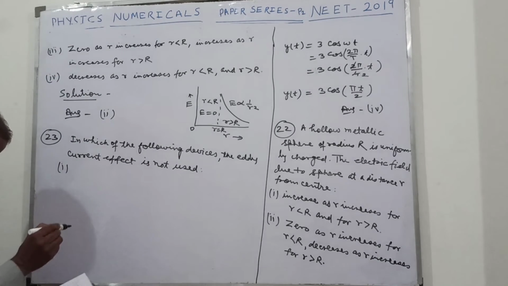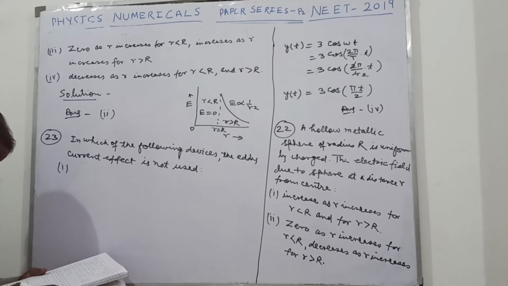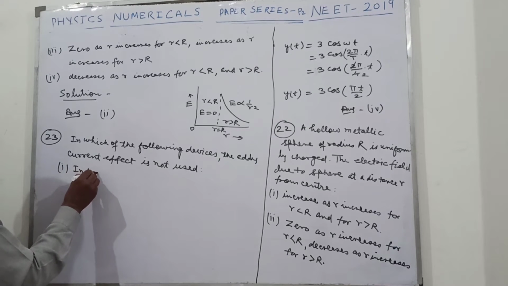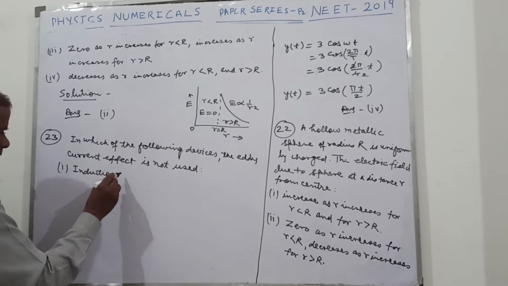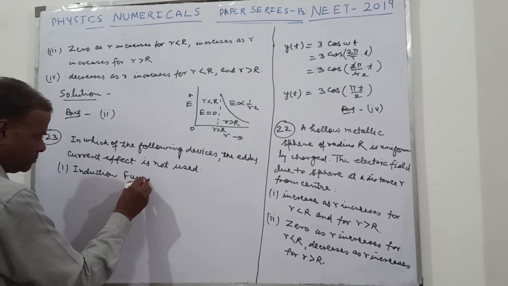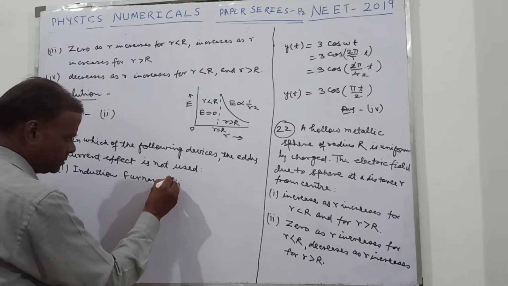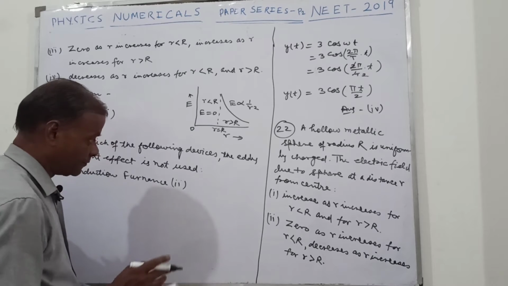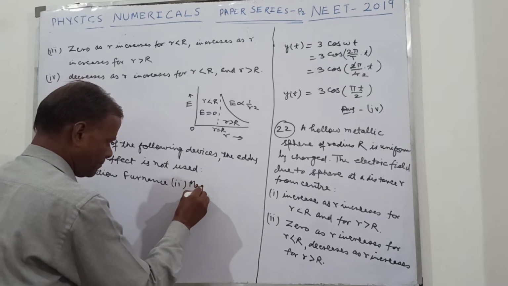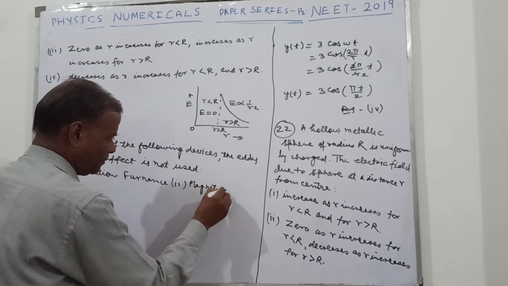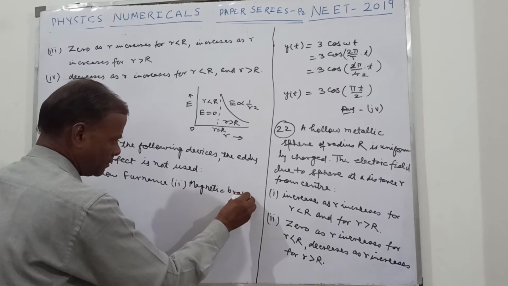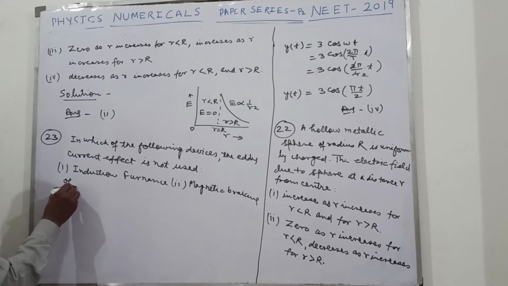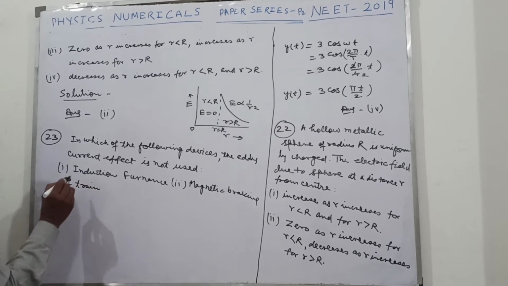Now first option is the induction furnace. Second is magnetic braking of train.